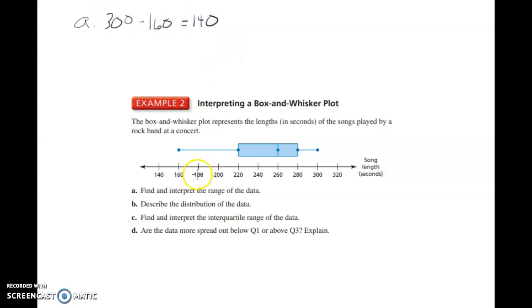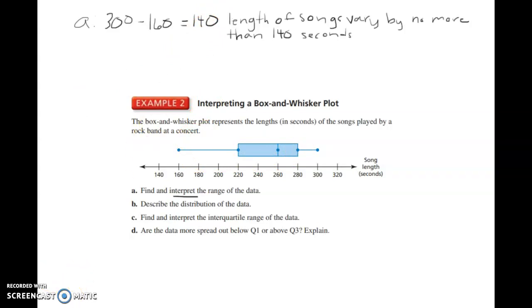So then it says to interpret the range of this. And so what this means is since we are talking about the lengths of the songs played at a concert, that means that the songs varied no more than 140 seconds. So from the high minus the low, the difference has to be 140 or less.